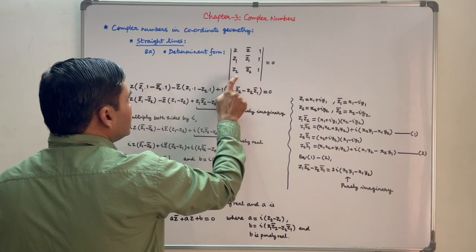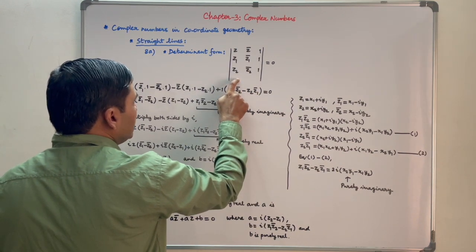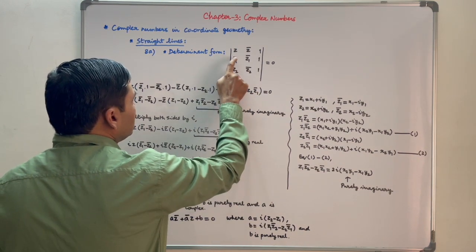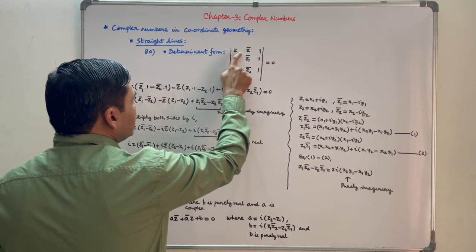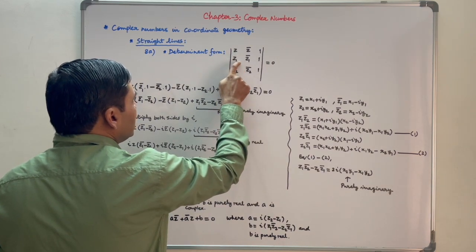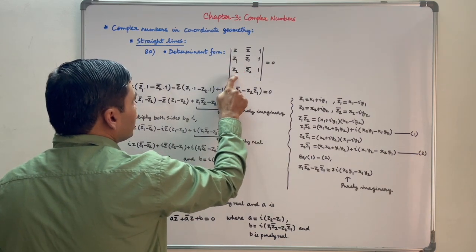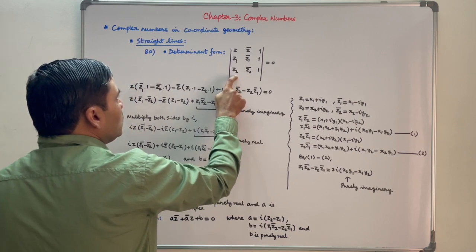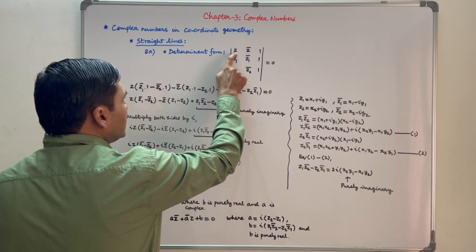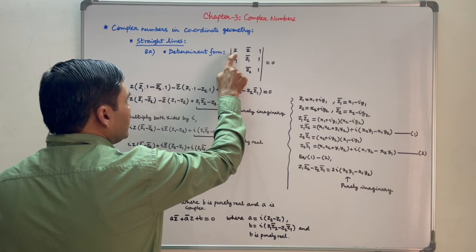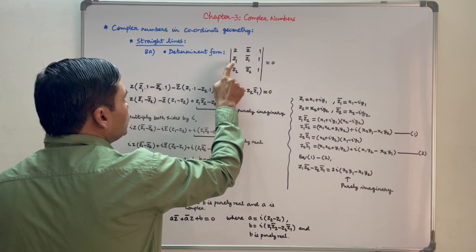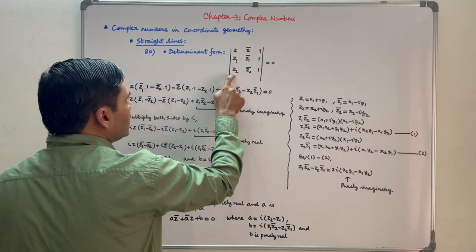In place of z1, z2 and z3, we will take z, z1 and z2, where z is a general point, z1 and z2 are given points. So we will say that locus of a point z is a straight line if it is collinear with two given points z1 and z2.